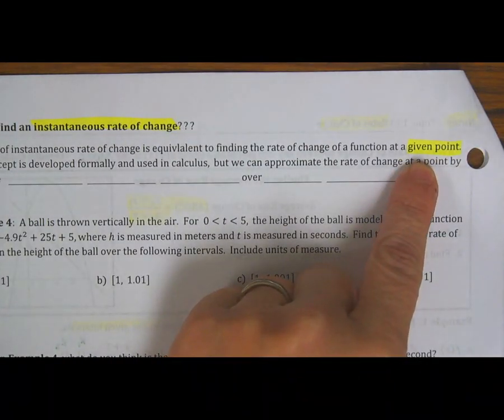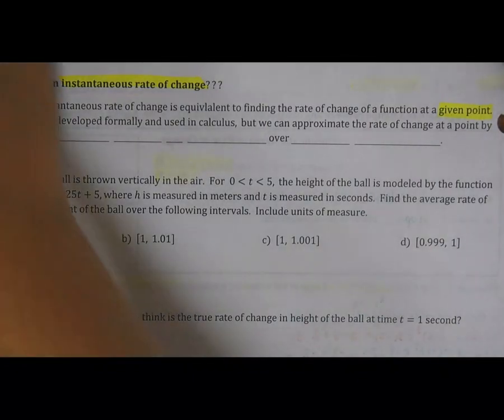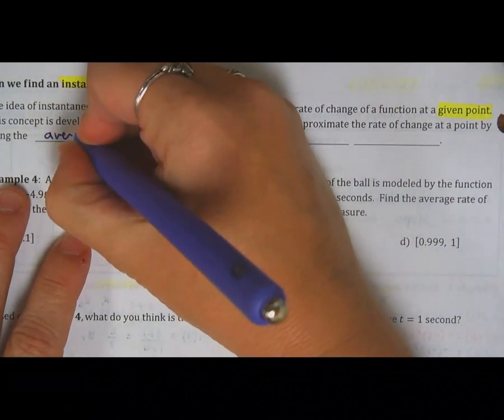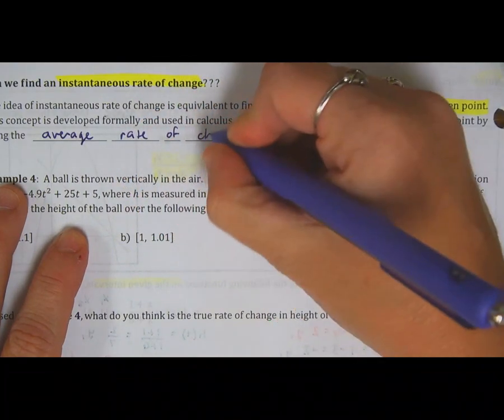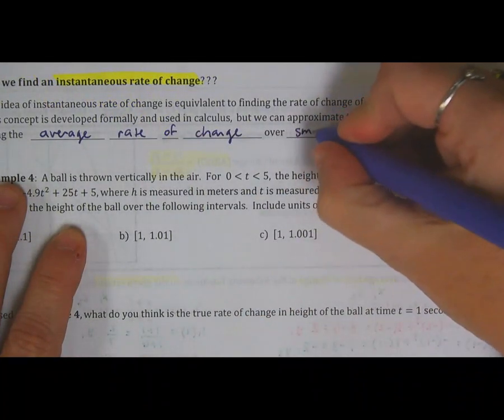Not really over an interval, but what is the slope at that point? This concept is developed formally and used in calculus, but we can approximate the rate of change at a point by using the average rate of change over small intervals.